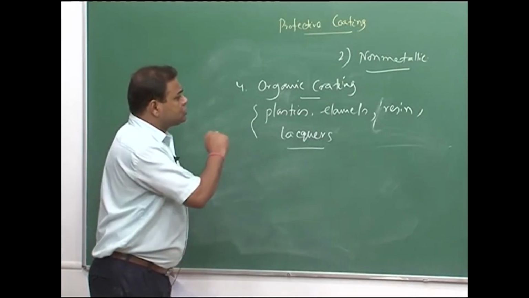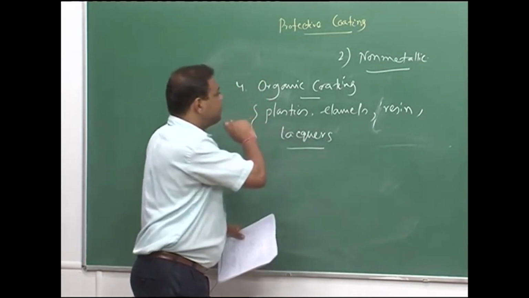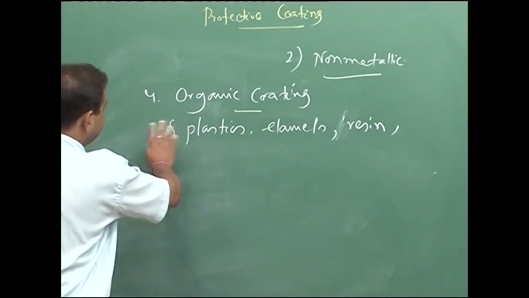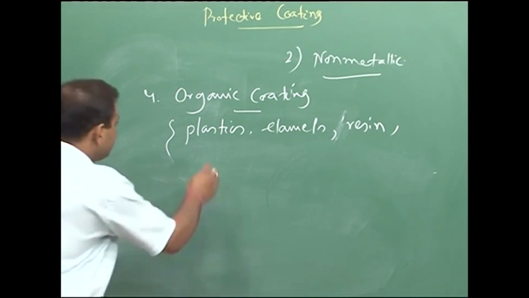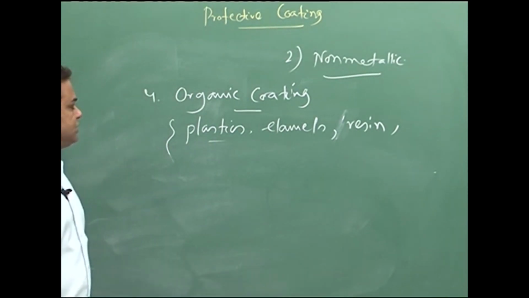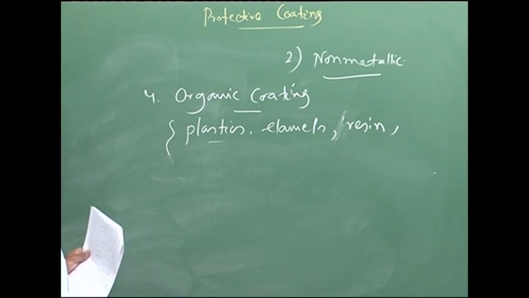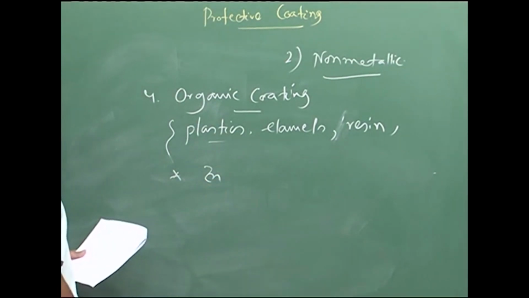And let me also come to what could be the common failures associated with organic coating. So, we see that high resistance of those organic coatings is one of the important issues. Then sometimes with this organic coating, inhibitors are added. Let us say sometimes we add zinc in the paint.